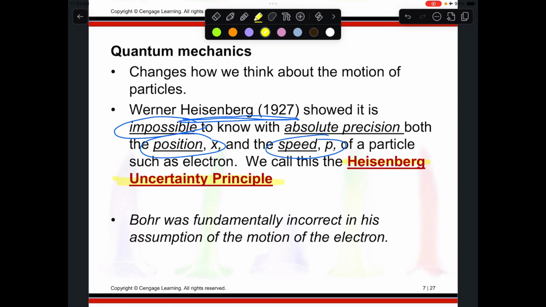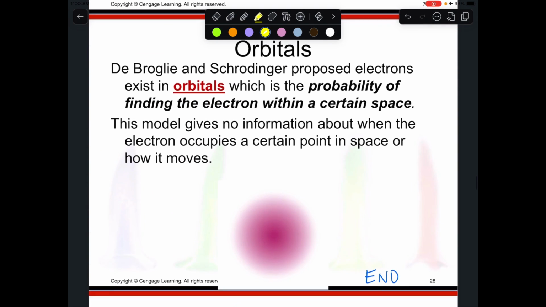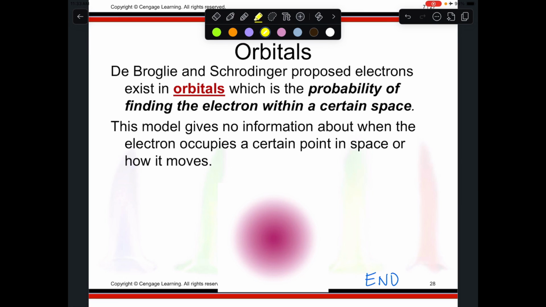This is called the Heisenberg uncertainty principle, and it is a possible question you may see. You can know either the position, or the location, or the speed of an electron. You cannot know both at the same time. And this contradicted Bohr's fundamental beliefs about electrons.